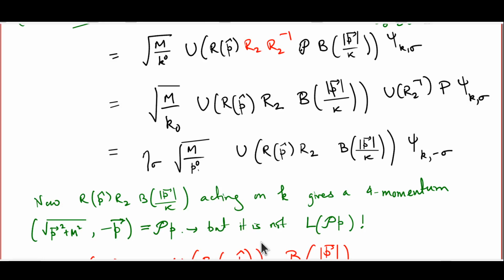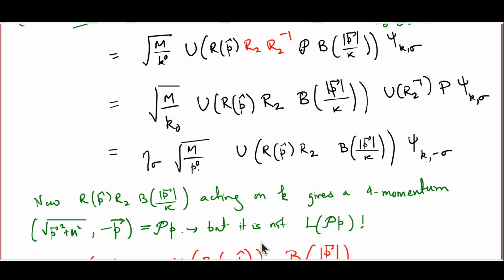So this particular combination of Lorentz transformations, rotations and boost, that you have here is a Lorentz transformation which carries our standard 4-momentum k to curly p p. But the question is, is this the same as a standard Lorentz transformation which will carry k to curly p p?